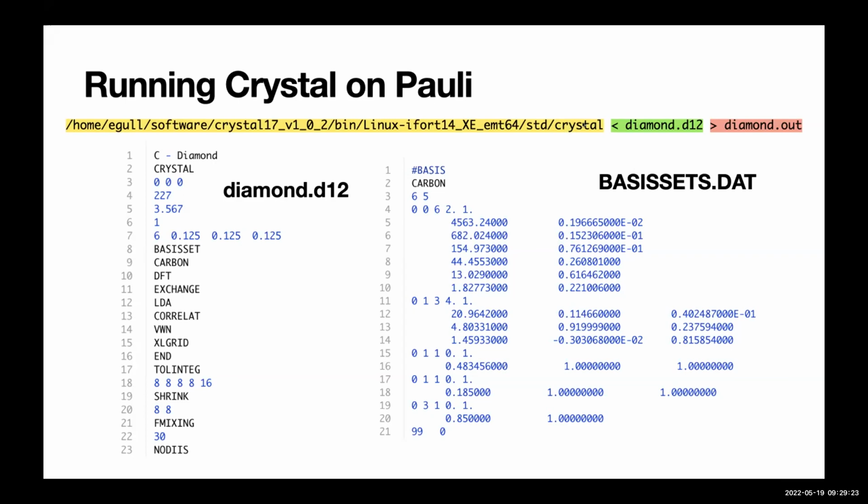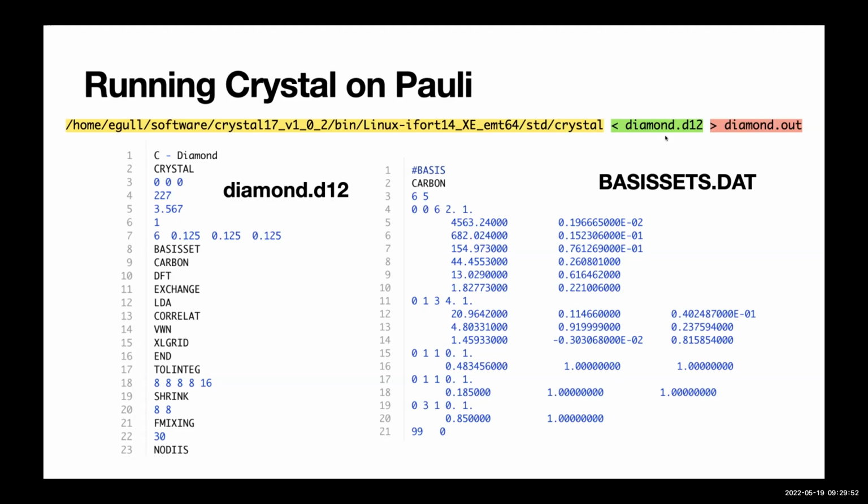And we will specify two file names. One is called diamond dot D12. Diamond is of course something you can name randomly as long as it provides enough information. It tells you what is contained in the file. But D12 is the extension that you'll be using for a crystal calculation.